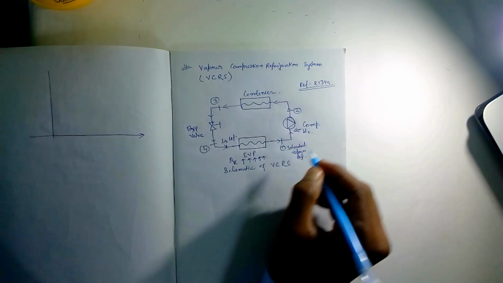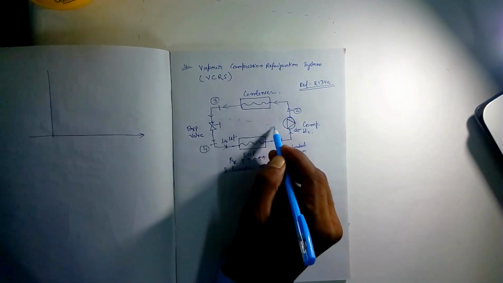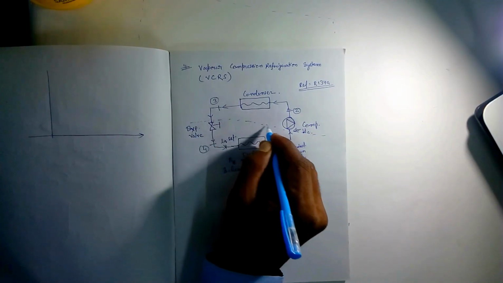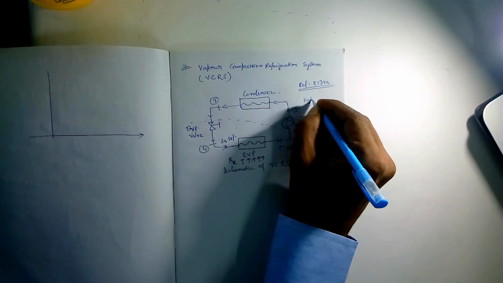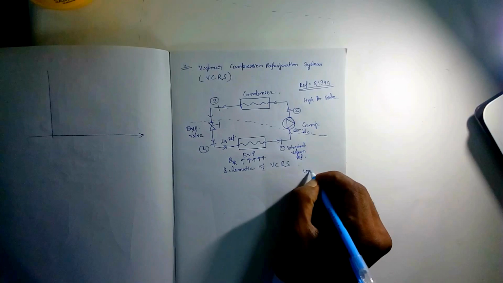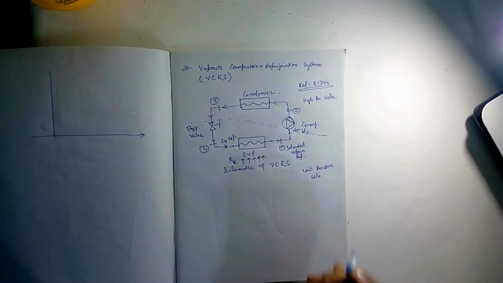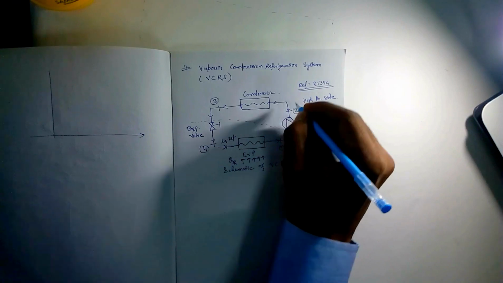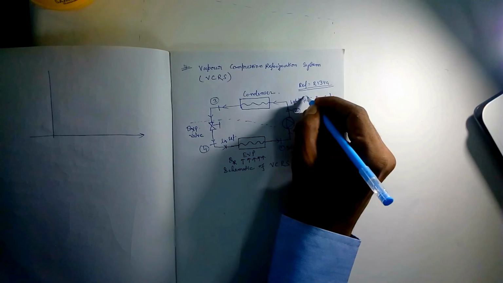So in this vapor compression refrigeration cycle, we have two sides. One is the low pressure side, one is the high pressure side. This is the high pressure side, and this is the low pressure side. After the compression process, the refrigerant is at high temperature and high pressure.